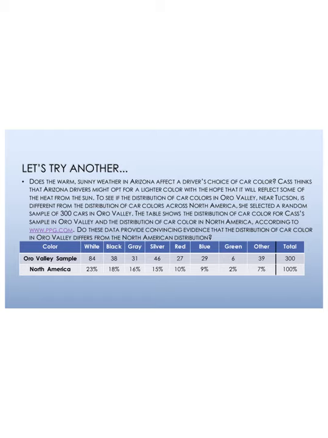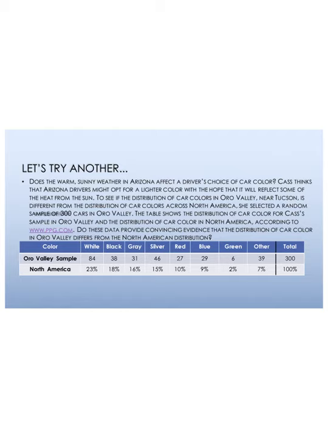The table shows the distribution of car colors for Cass's sample in Oro Valley and the distribution of car color in North America, according to www.ppg.com. Do these data provide convincing evidence that the distribution of car color in Oro Valley differs from the North American distribution? Okay, so note to self, we have a couple of key indicators.